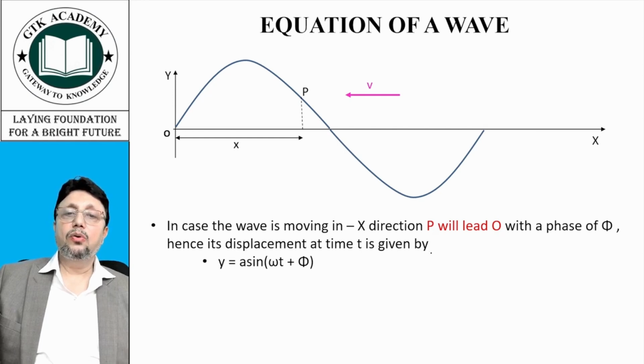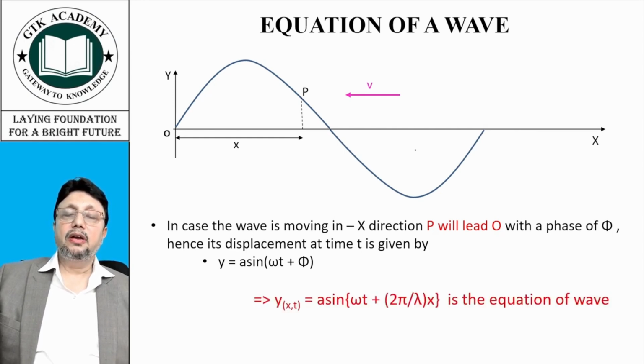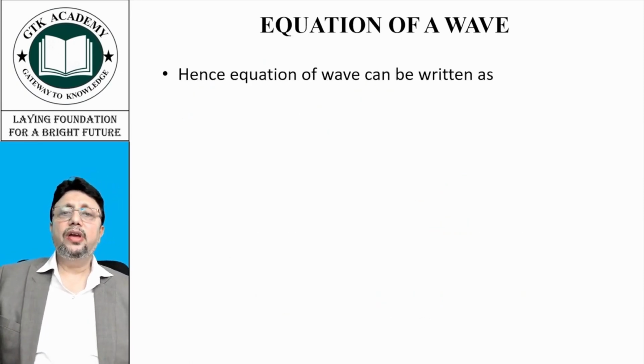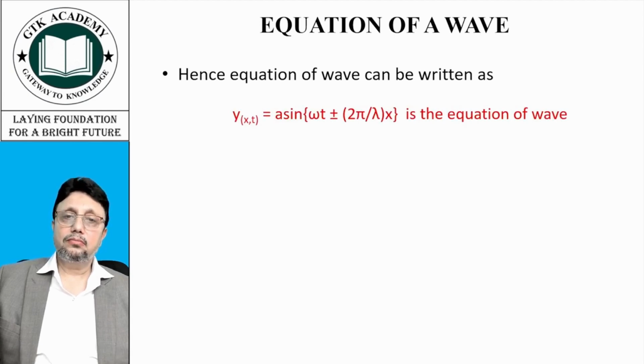And phi we know is 2 pi upon lambda into x. So if the wave is moving in this direction, the equation will be this one. Hence, we can write the equation of wave as a sine omega t plus minus 2 pi upon lambda into x.